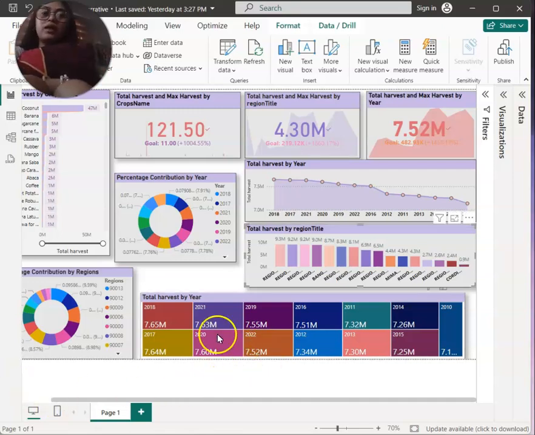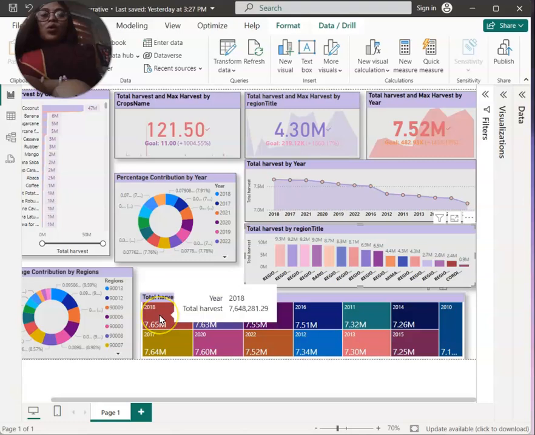As you can see, I created another chart or dashboard visualization here to better understand what year has the highest total harvest.